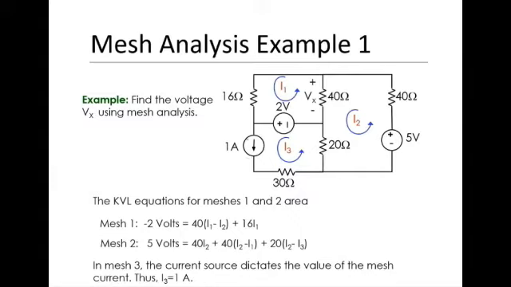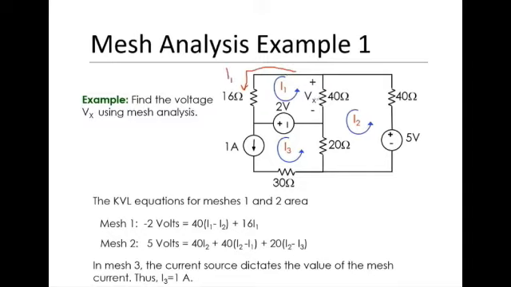It passes through a 2-volt source, and passes through this resistor and this resistor. So we define a current in this loop to be I1. If it is not adjacent to another mesh, then the current flowing through this branch here is equal to I1.